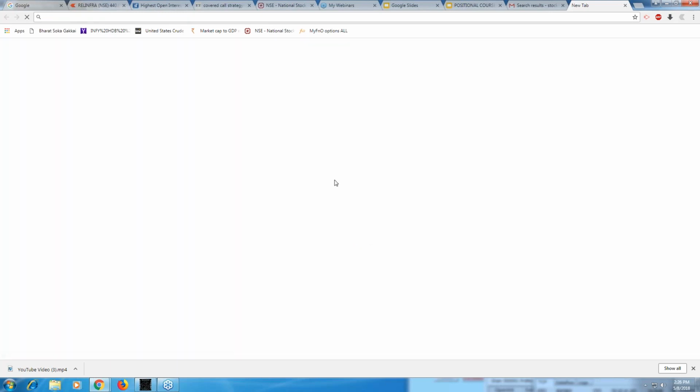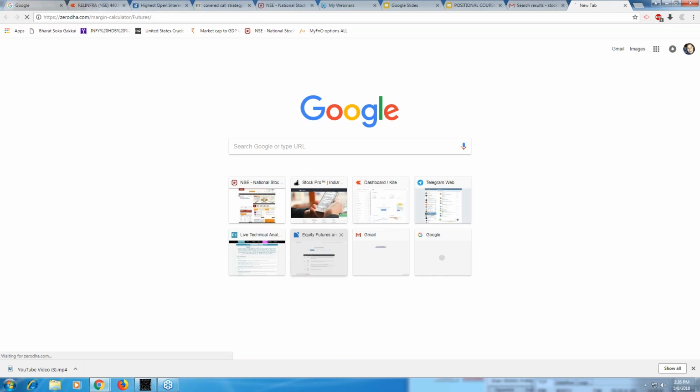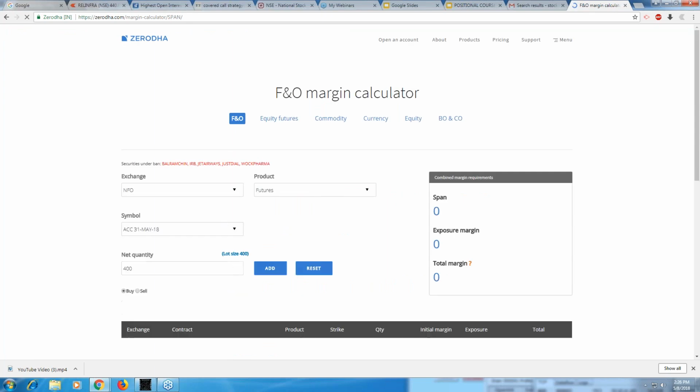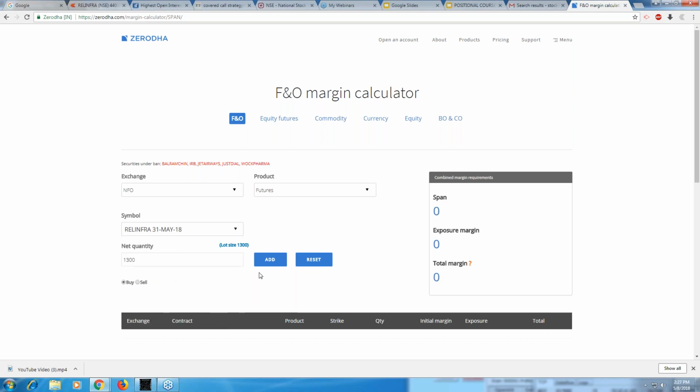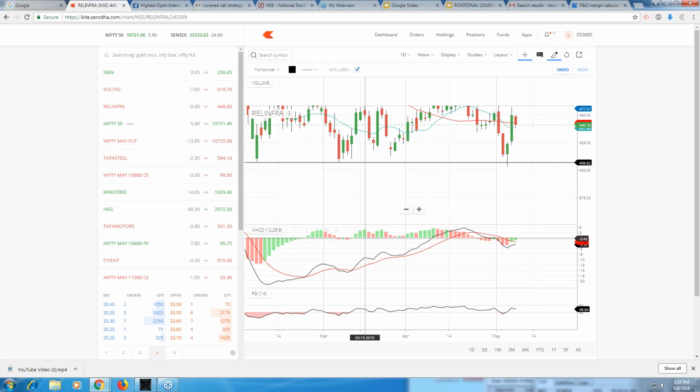So let me take you to FNO and check the lot size of Reliance Infra, right? Reliance Infra is here. And let me just see, 1300 and about a good 50 points. It's a huge amount that one can generate, right?